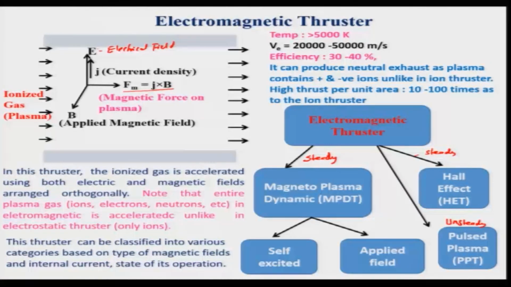One can also get high thrust per unit area, something like 10 to 100 times compared to the ion thruster, because all the particles of the plasma are utilized in the electromagnetic thruster.